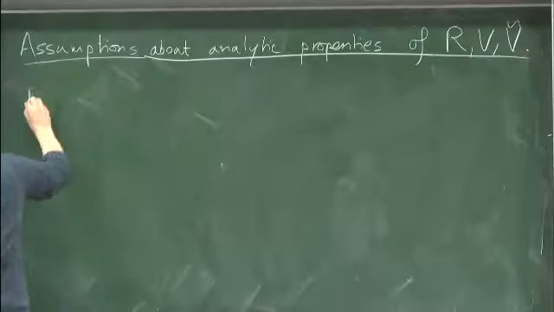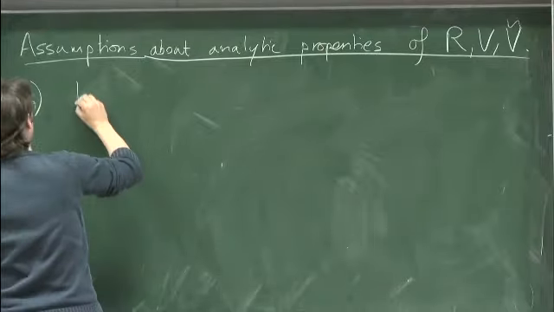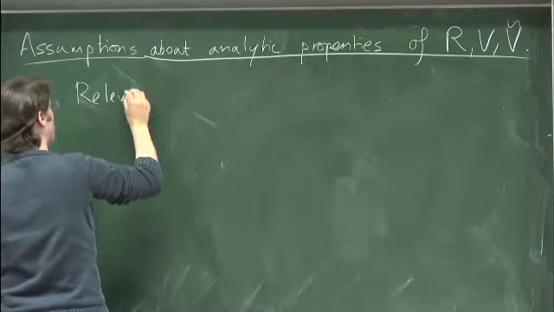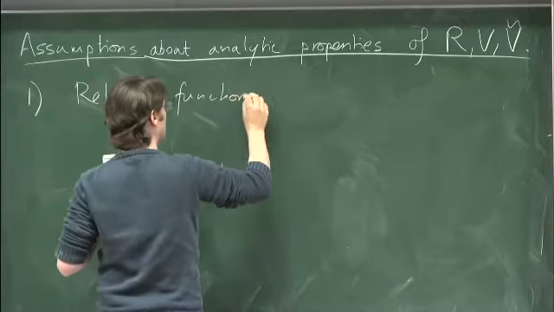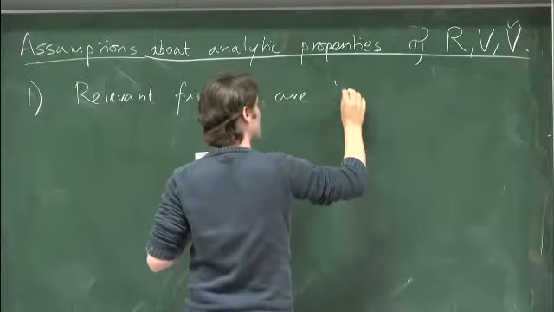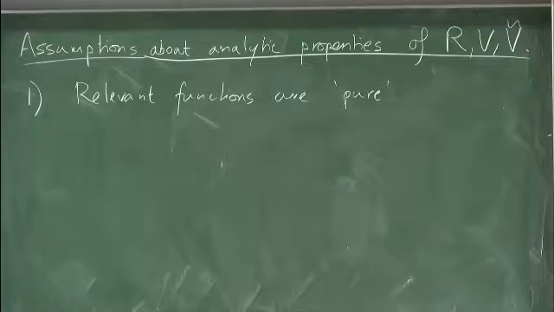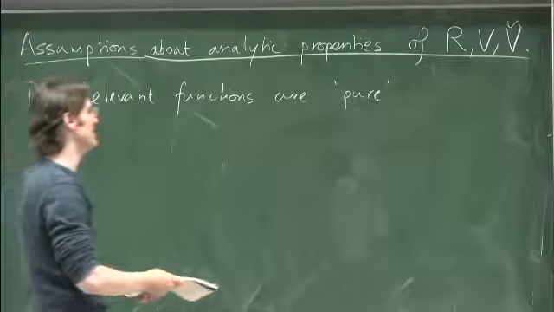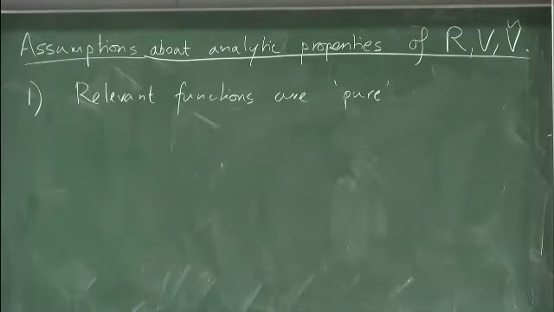So how to formulate the assumption? We're going to look at functions which we call pure, or you can call maximally transcendental, or iterated integrals, or Goncharov polylogs, or various other names for them.